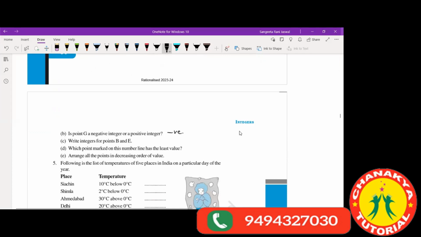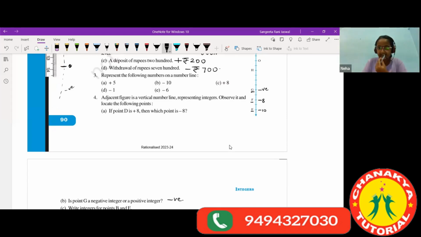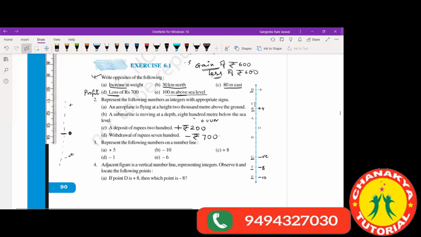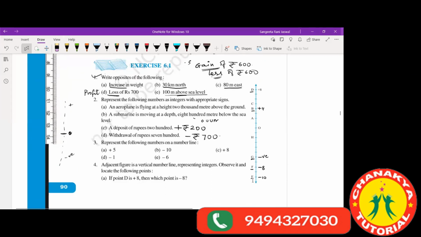Arrange all the points in decreasing order of values. Decreasing order means first you write the highest number, then the smaller, and so on. Ma'am, it's already arranged. So first one is D, C, B, A, H. Okay, it's arranged like this in a vertical order. Right, children?